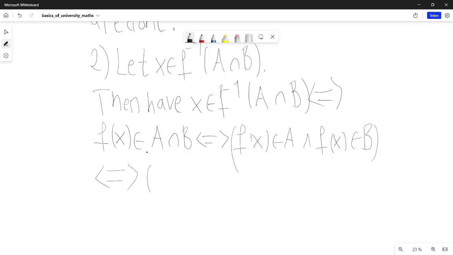Here again, definition of the preimages. Right, and with that we are done. So that finishes the proof.